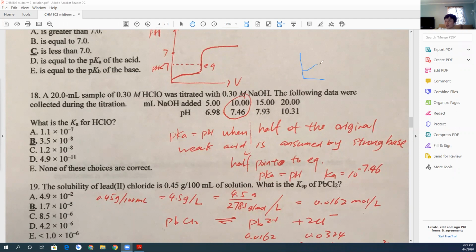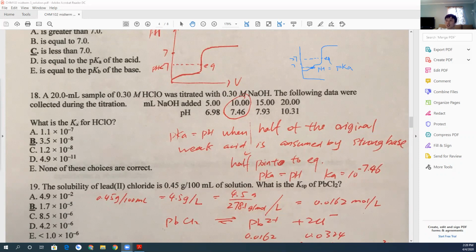You have this buffered region, and then this equivalence point is greater than 7. If this is 7, the equivalence point pH is greater than 7. But remember, halfway to the equivalence point, the pH is actually equal to the pKa of the weak acid.